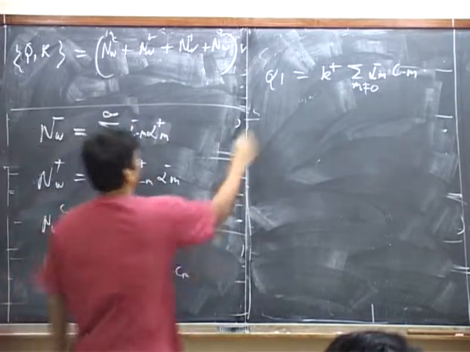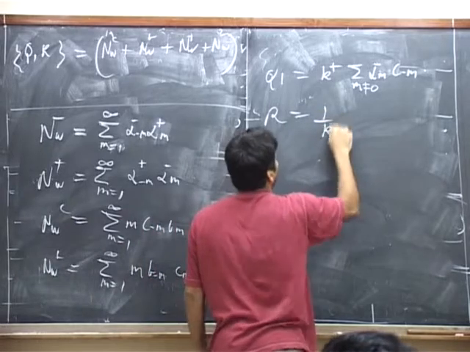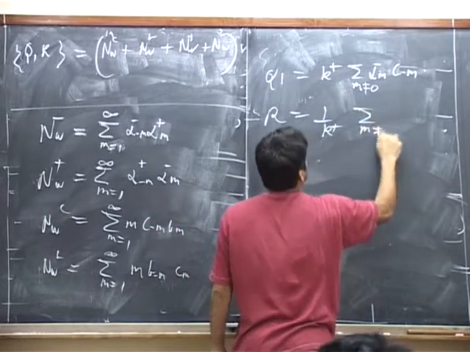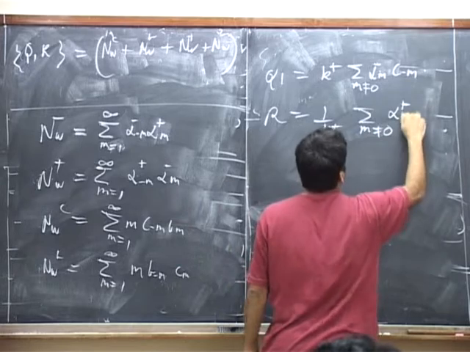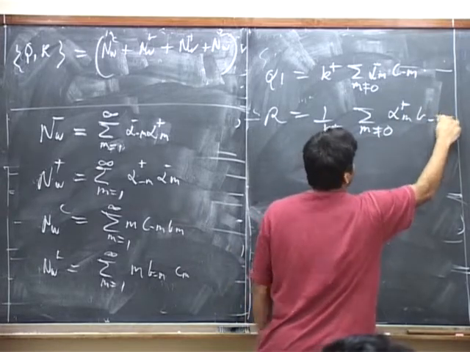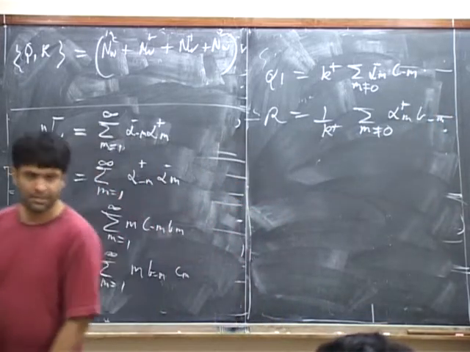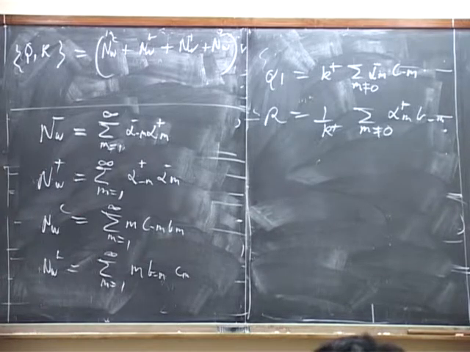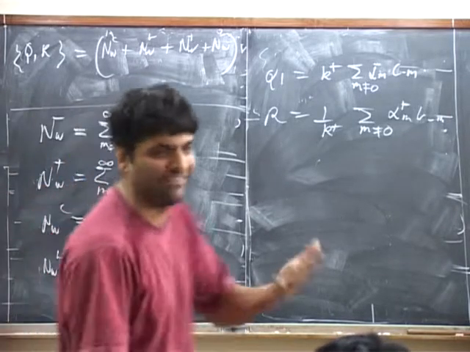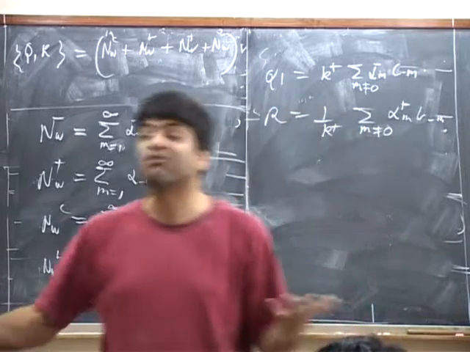Similarly with R. R was equal to 1 over K plus, the sum over M not equal to 0 of alpha plus M B minus M. The sum runs over M not equal to 0. In this case, even if it had run over M equal to 0, B0 would have annihilated the state. We don't even have to invoke that.